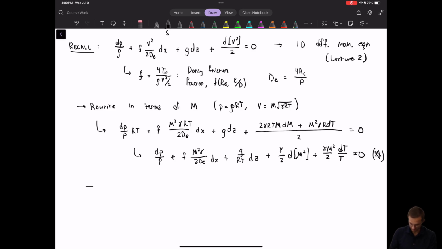Remember when we started treating Fanno Flow, we set the heat transfer and the active work or shaft work equal to 0, which means the total enthalpy is constant, which means that because we have a perfect gas, the stagnation temperature is constant.